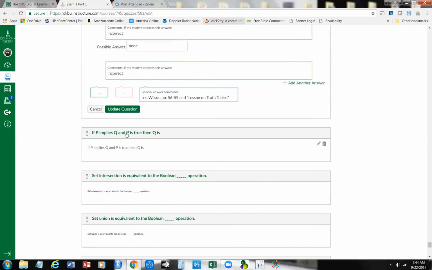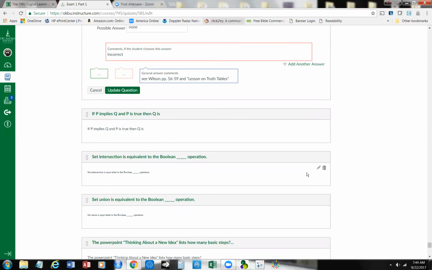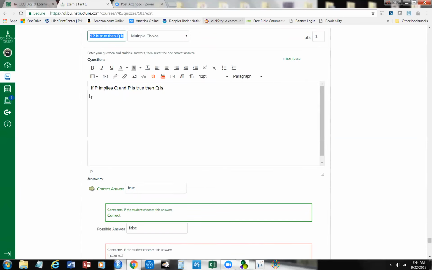We'll use it with the lesson on truth tables. Also there, we have if P implies Q and P is true, then Q is a little bit different take on it. Let's go up here and take a look now. Look at the question. P implies Q and P is true, then Q is true.